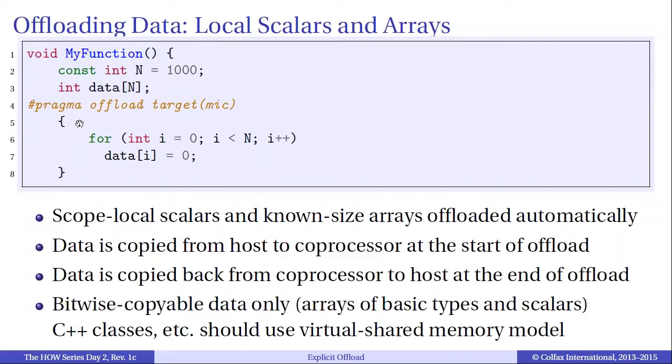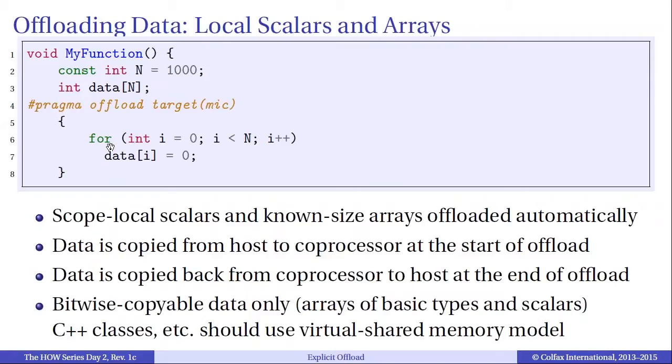So what exactly is going to happen? When I reach pragma offload target mic, the compiler will recognize I'm using n and data on Xeon Phi. So I will have to create a buffer to hold n. I will have to allocate a buffer to hold data. And I will have to copy everything from the host to Xeon Phi into these buffers at the beginning of offload.